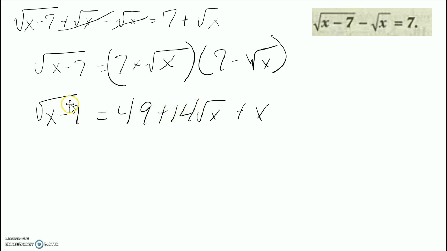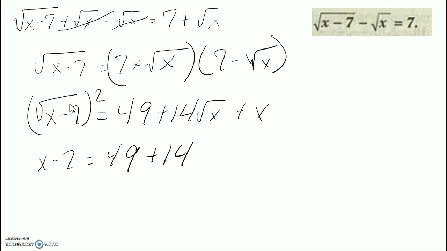And now I'm going to square this again. Now again we're going to move this one to the other side, as it's our most complex radical at the moment. So we're going to subtract it from both sides.